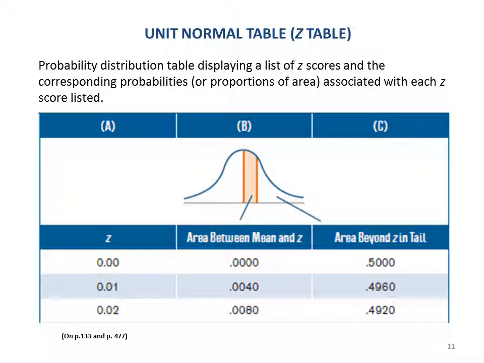Unit normal table is also called a Z-table. It's a probability distribution table displaying a list of Z-scores and the corresponding probabilities or proportion of areas associated with each Z-score listed. We already learned that the probability of locating one single score will be close to 0, and you can see it from this table.